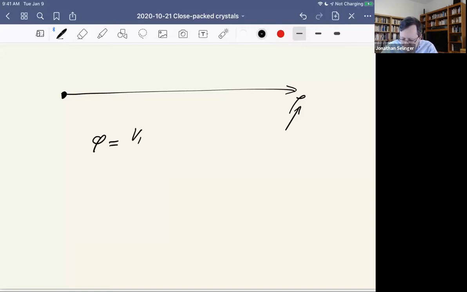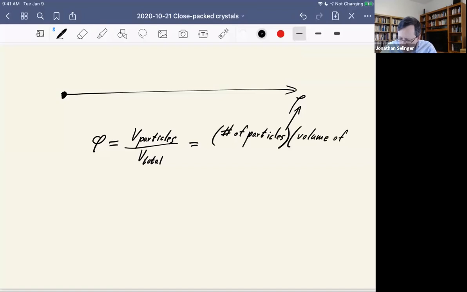And so you could convert density into a packing fraction by saying the packing fraction is the volume in particles divided by the total volume. And the volume in particles is the number of particles times the volume of one particle, divided by V total.